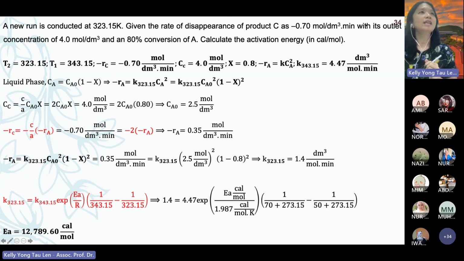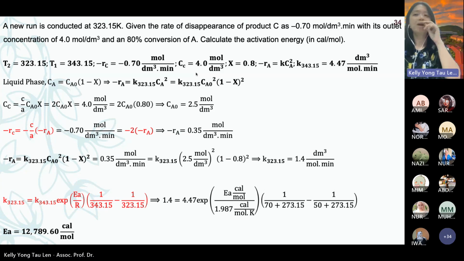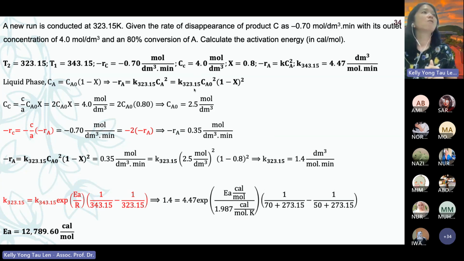Okay, right. Dia kata lagi, its outlet concentration of 4 mole per dm cube. Apa yang dia beri kita? Dia beri kita kepekatan C selepas tindak balas. So this is something new, right? Sebelum ni kamu biasa C not, tapi tiba-tiba dia beri kamu CC, kepekatan C selepas tindak balas. Outlet concentration means after the reaction, my concentration of C is 4.